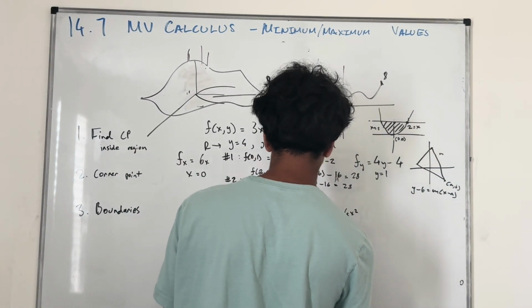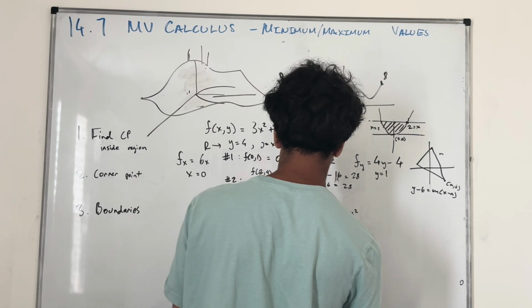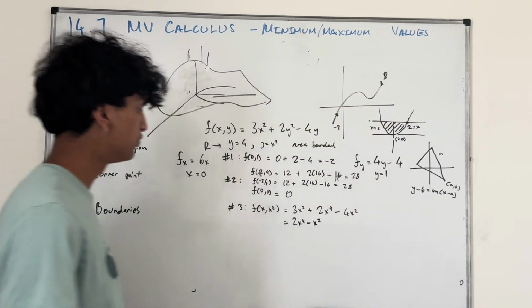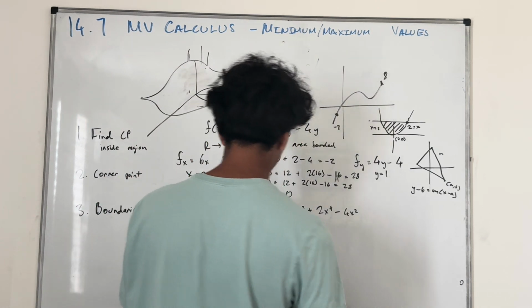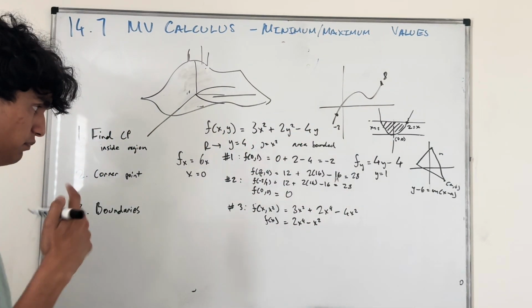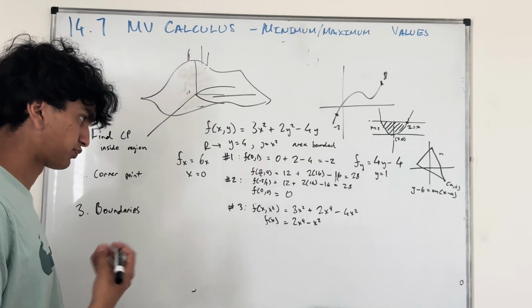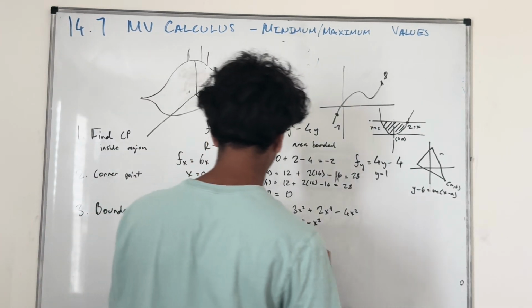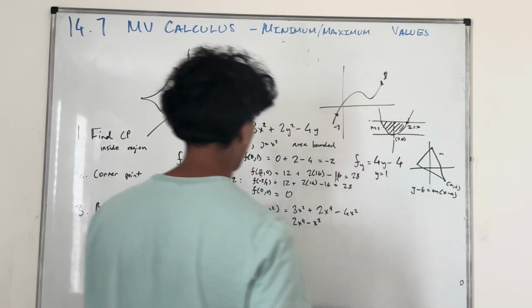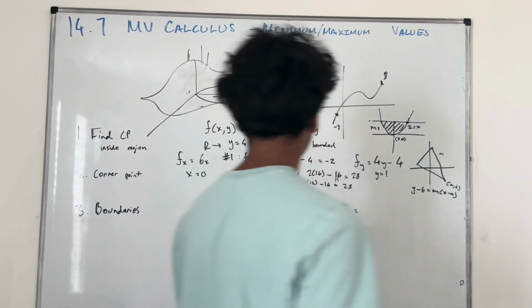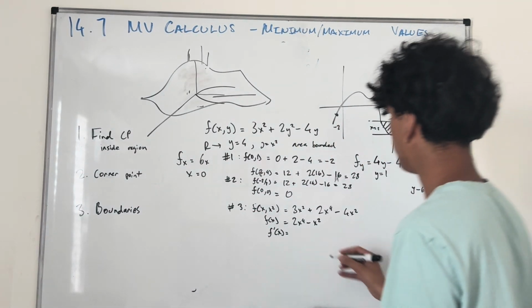So this just becomes 2x to the fourth minus x squared. What I can do now, this is just a single variable function, so I can just minimize this, just taking the derivative.